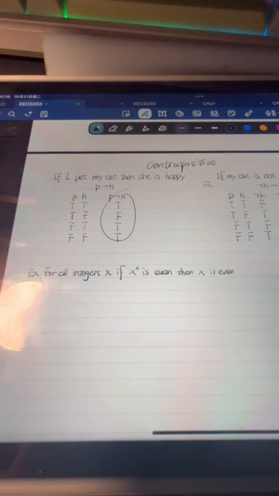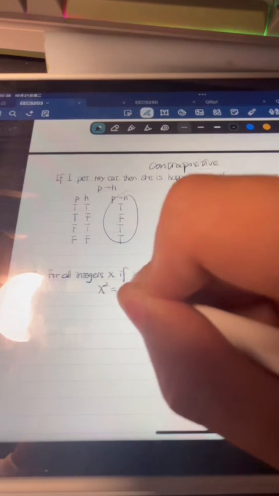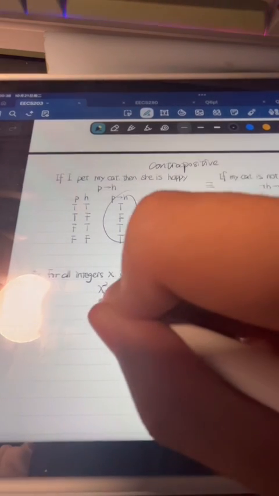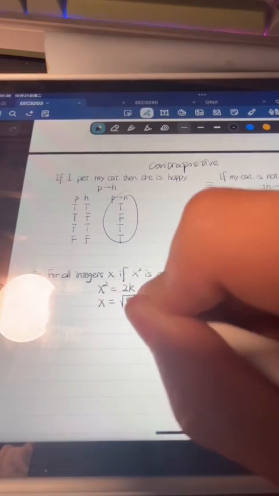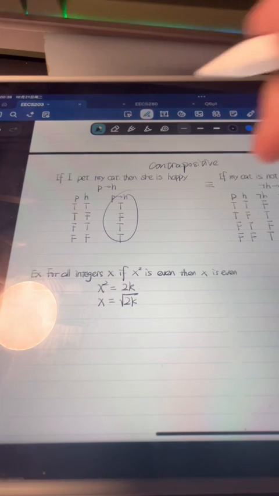We're trying to prove it, so we can say x squared equals 2k. You need to prove x is even, so you need to list x as the square root of 2k, but you have no way to show why that is even. So it's not an easy way to prove from left to right.